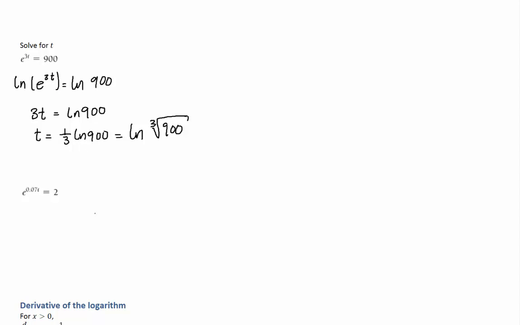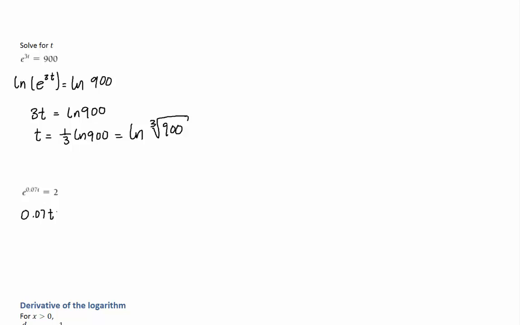All right, and similarly here, since I have t in the exponent, I need to bring it down, so that I can solve for t. To bring it down, you take logarithm on both sides, and in this case it would be the natural logarithm because my base is e.